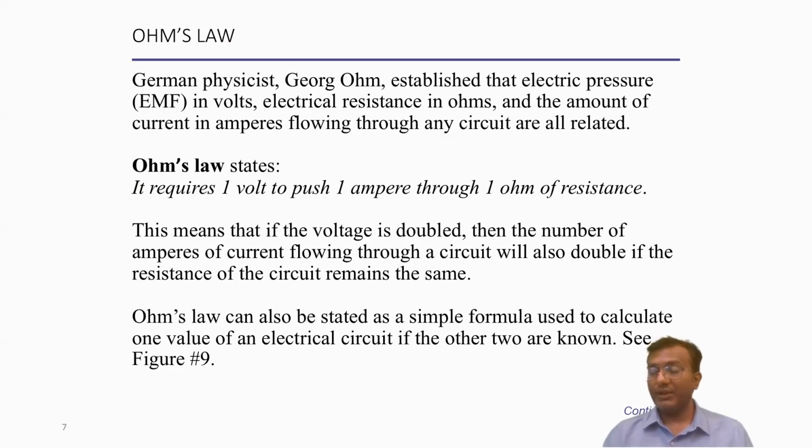Knowing any two values allows us to get the third value. This helps us in understanding how much gauge wire is required for a particular application. Take another example. If you know the resistance and current, we can calculate the expected voltage, ensuring the circuit is getting enough power to function.